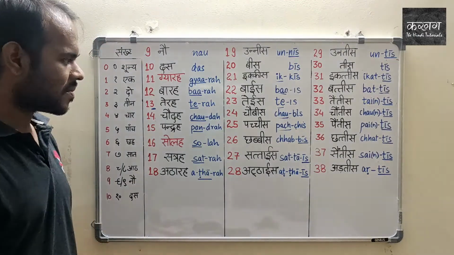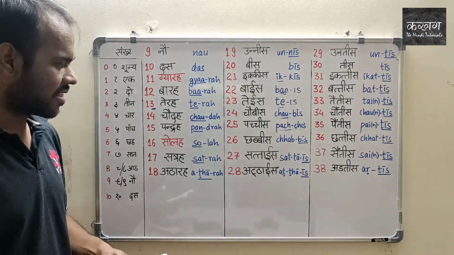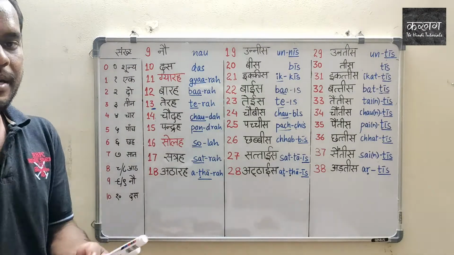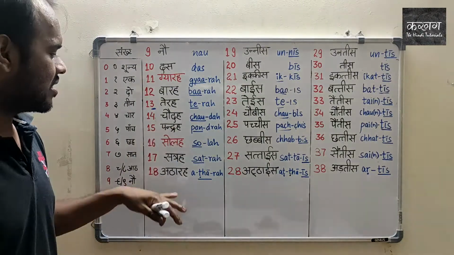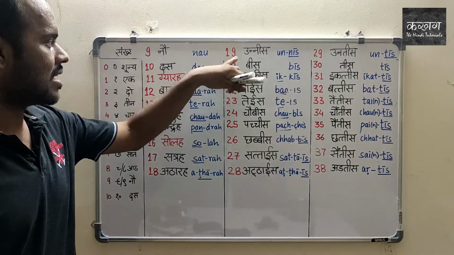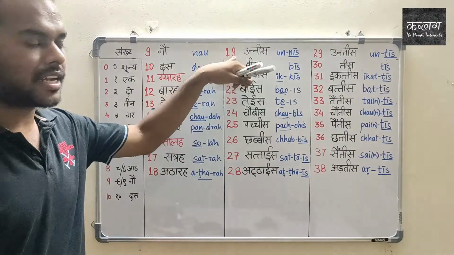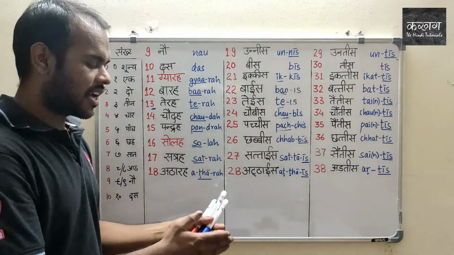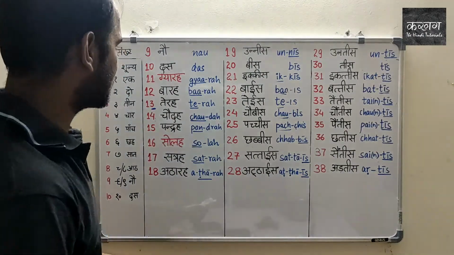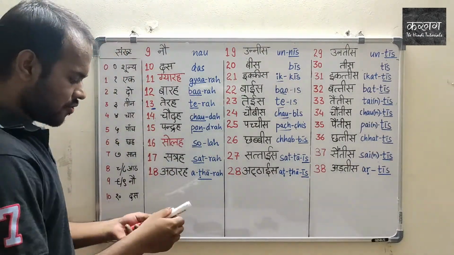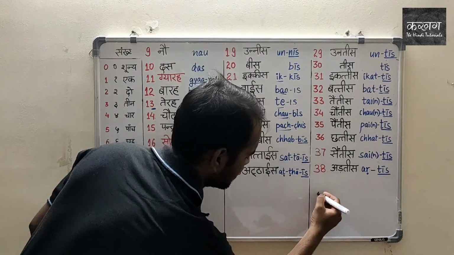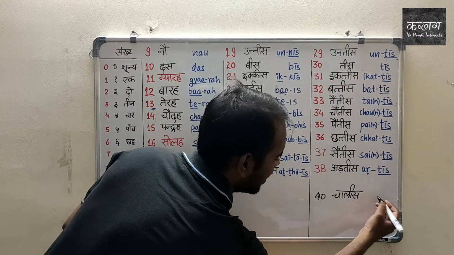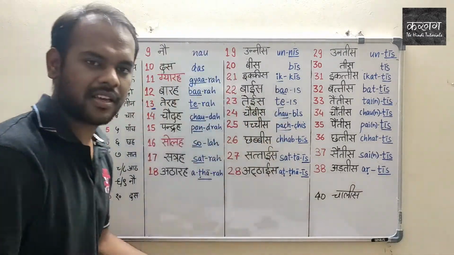Okay? The last two numbers left are 39 and 40, and because numbers having 9 at the units place go according to the next series, 39 will also go according to the series of 40. So 40 is 40. And what shall be 39?